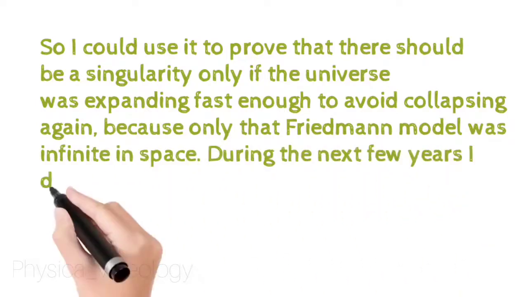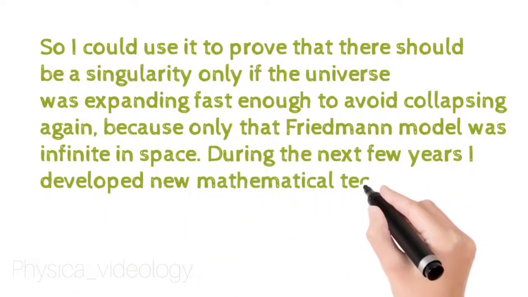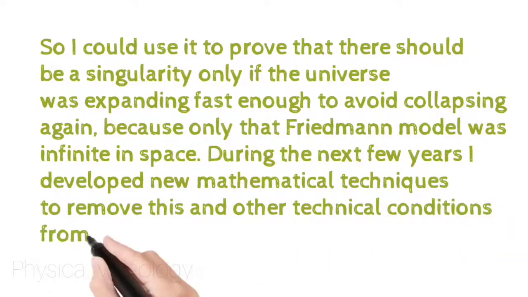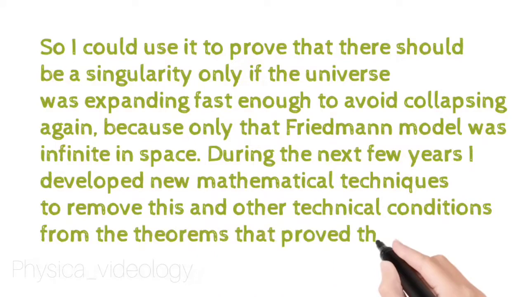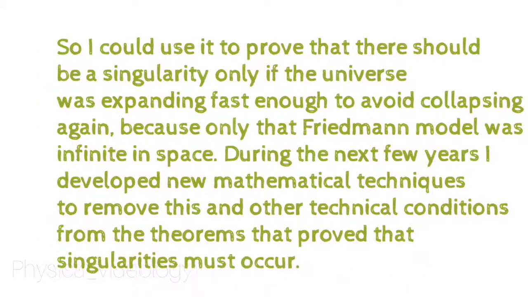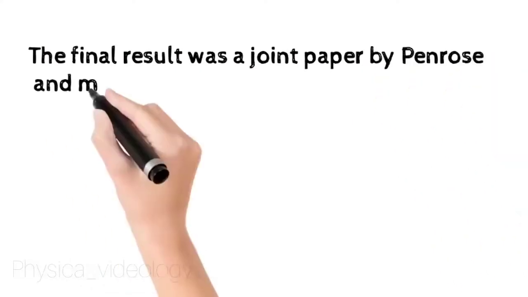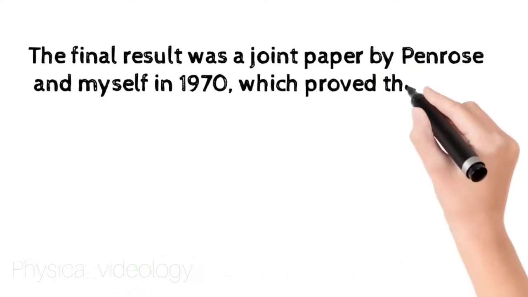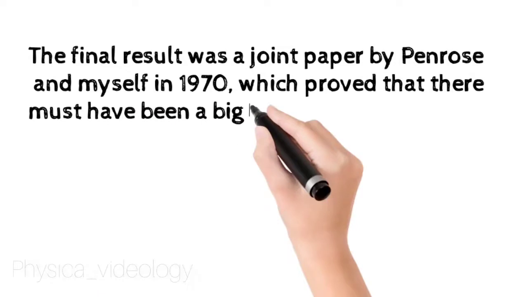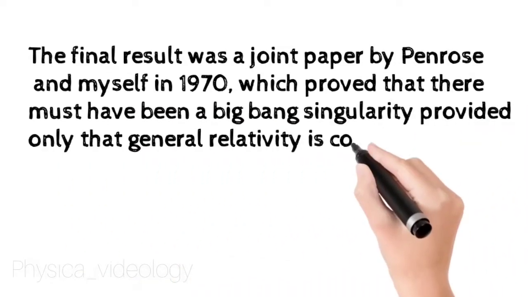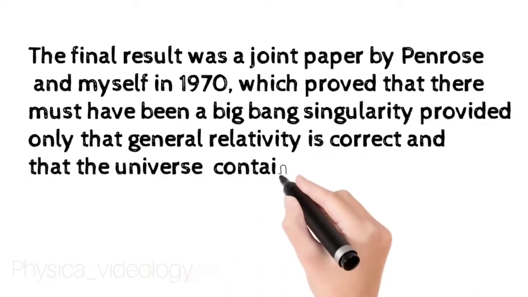During the next few years I developed new mathematical techniques to remove this and other technical conditions from the theorems that proved that singularities must occur. The final result was a joint paper by Penrose and myself in 1970, which proved that there must have been a Big Bang singularity provided only that general relativity is correct and that the universe contains as much matter as we observe.